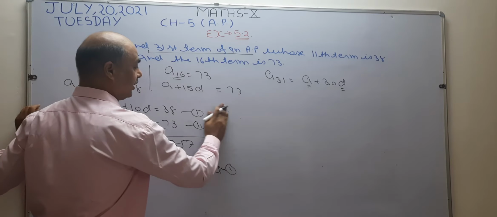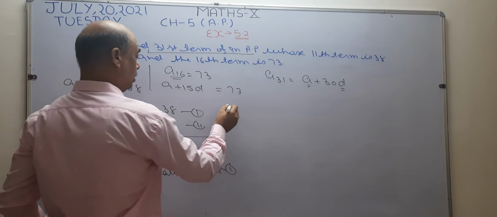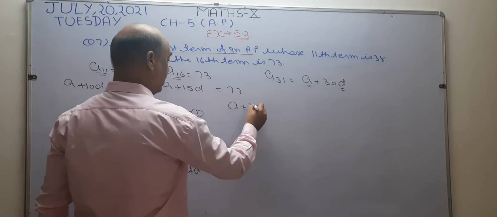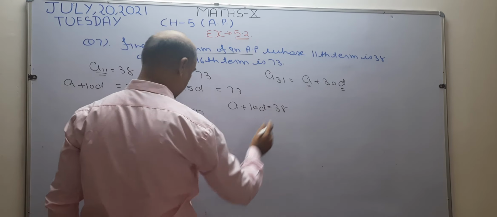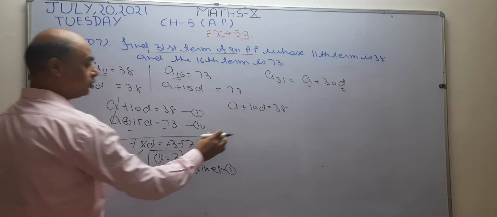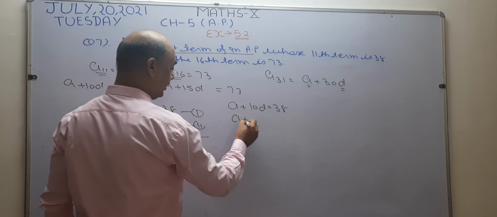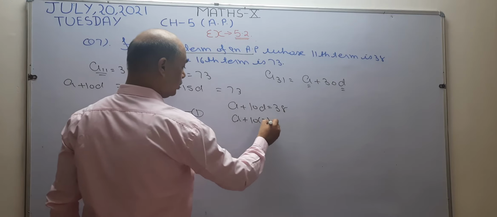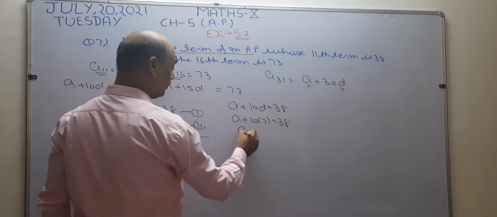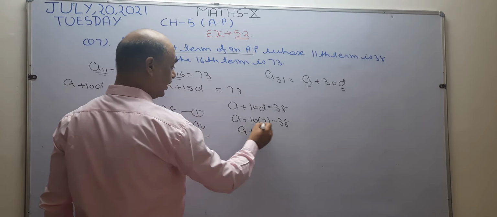The value of D is 7, so instead of D, I write 7. This becomes A plus 70 equal to 38. The value of A becomes 38 minus 70, so this is going to be minus 32. So the value of A is minus 32 and the value of D is 7.